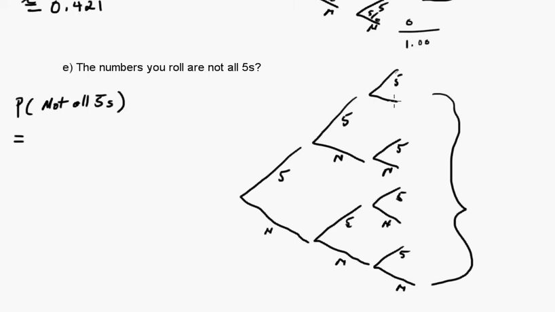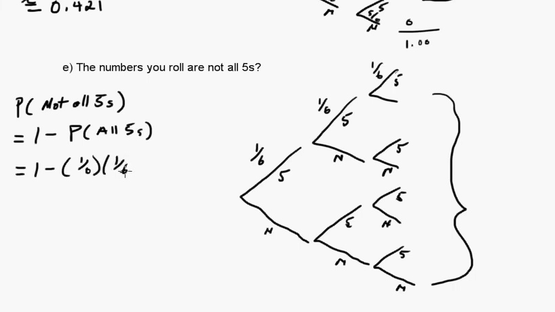Instead of computing and adding all these up, I'm just going to do this one and subtract it from 1. So it's 1 minus the probability of all 5s. The probability of a 5 is 1 out of 6, so 1/6 times 1/6 times 1/6.